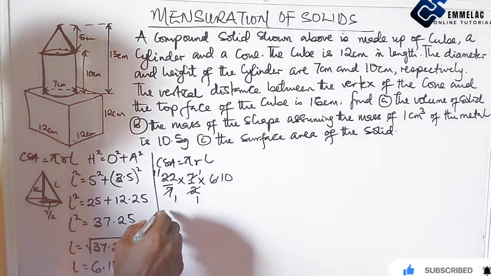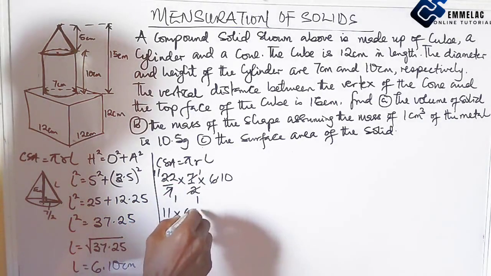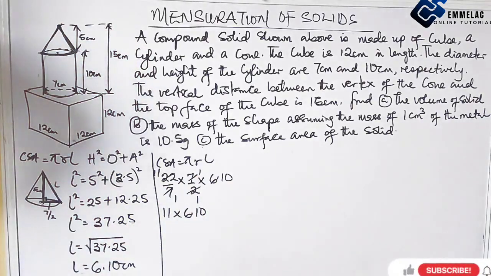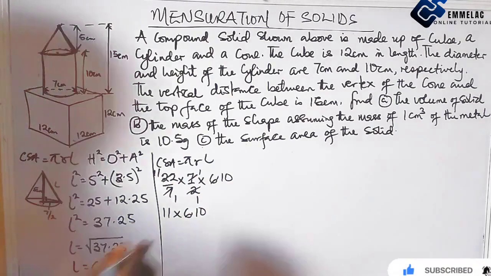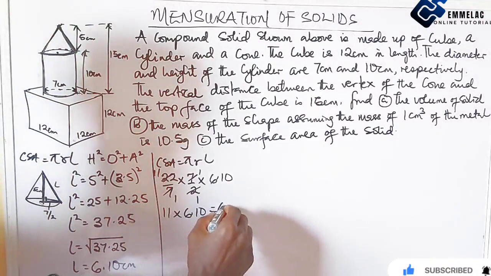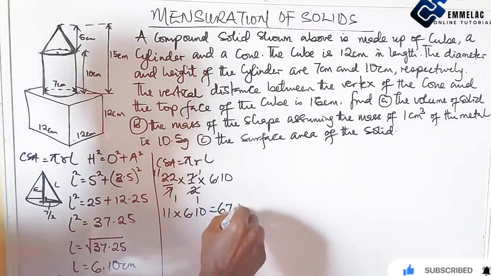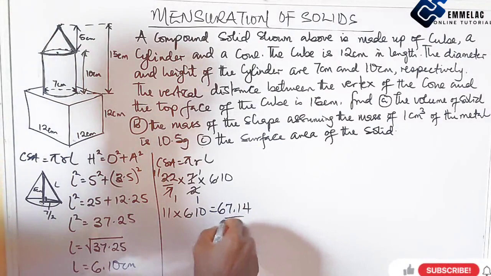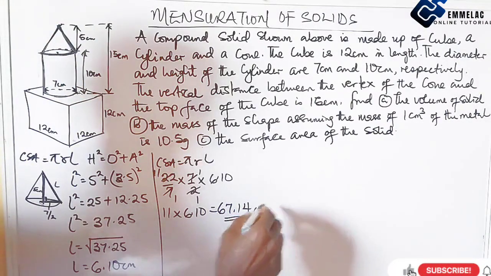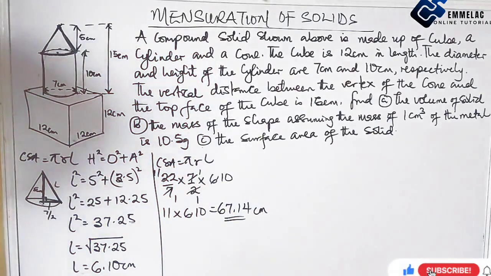So we are left with 11 times 6.10, and 11 times 6.10 gives us 67.14 approximately.